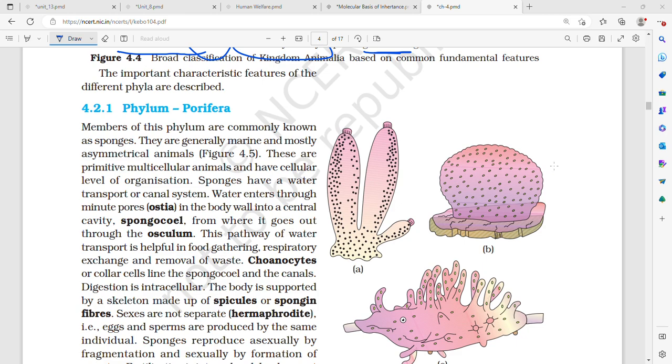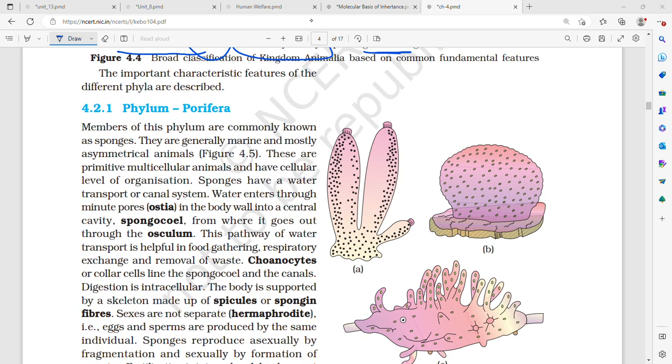Then germ layers. Porifera has no germ layers, only loose cell aggregate. Cnidaria or Coelenterata and Ctenophora are diploblastic. And the rest, from Platyhelminthes till Chordata, are all triploblastic, that is, they have three germ layers: ectoderm, endoderm and mesoderm.